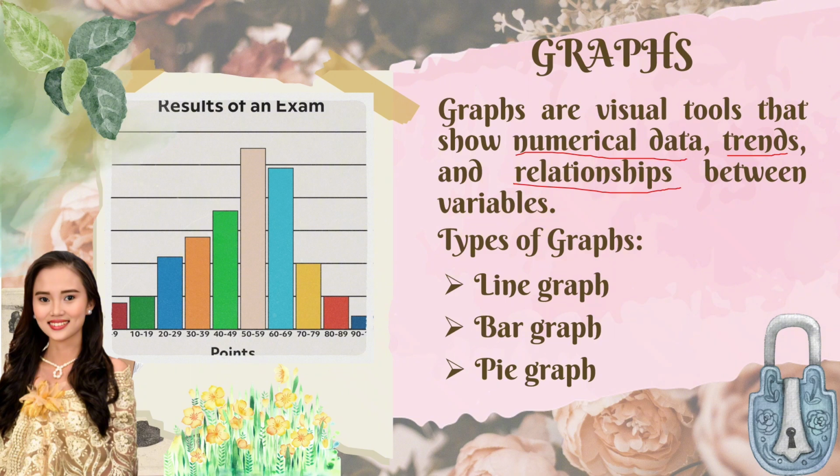Graphs turn numbers into pictures. Instead of reading rows of data, you can easily see increases, decreases, and comparisons. For example, a line graph can show how your grades improved over time. A pie graph can show how your daily activities are divided.